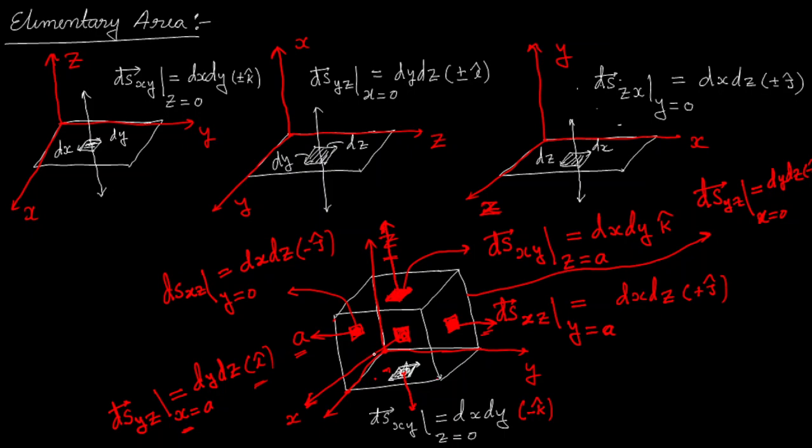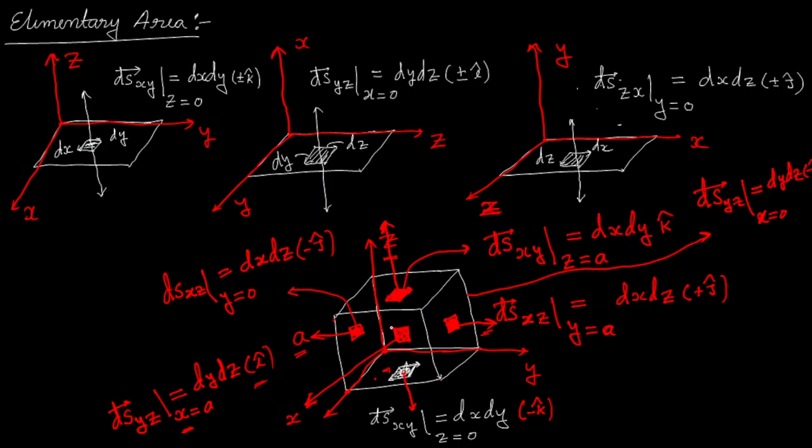We will see later when we talk about the electric flux. Sometimes the examiner asks only for the flux through the top surface, flux through the bottom surface, flux through the left surface or right surface or front surface or back surface.